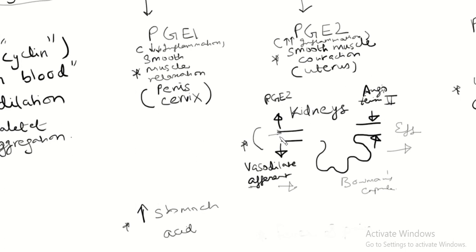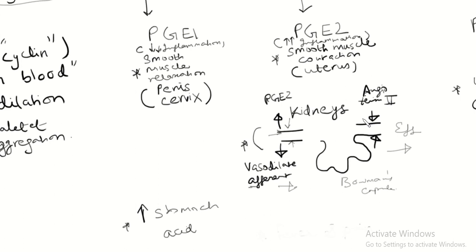So if one inhibits PGE2, they're going to decrease the blood flow that comes to the kidneys. This may cause issues with the kidney, and we'll talk more about it, because this is one of the big issues when we are giving people NSAIDs: their kidneys.